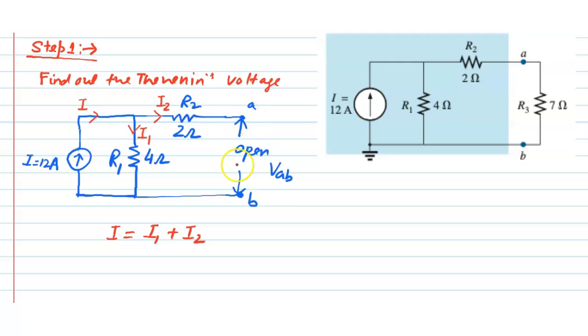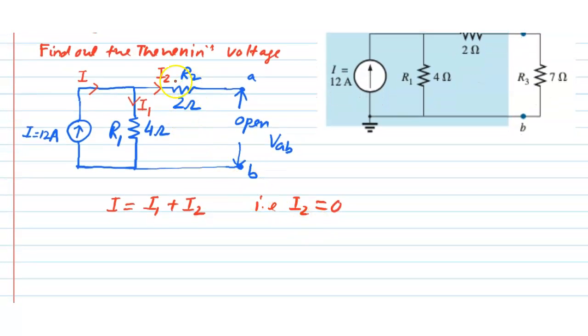Because this terminal is open, no current flows into this path, hence the current flowing through the resistance R2 is 0, that is I2 is equal to 0. Hence the voltage drop across this resistance is also 0, that means VR2 is equal to I2 into R2, which is 0.